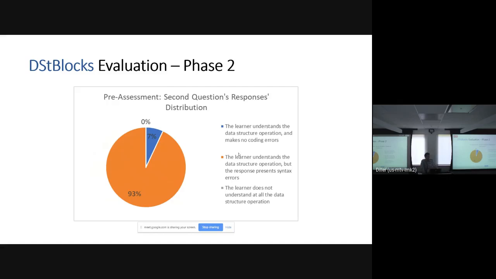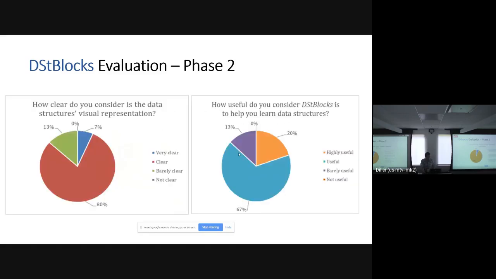It was cool to see that after interacting with the tool, they got some syntax errors, they had issues referring to syntax, but mostly the operations were accurate. And we had one participant that was able to respond to the operation completely. So that was something that happened for this study.